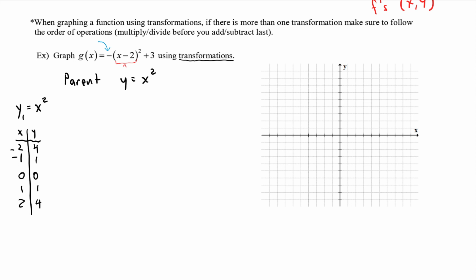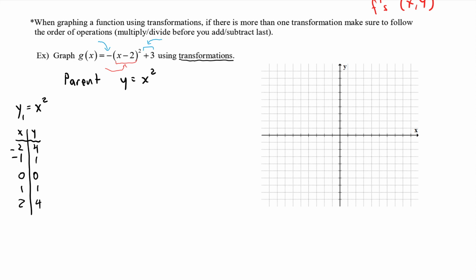And another expression right here where I have an x minus 2 in place of x. So that's another transformation. And then I also have this +3, which is a third transformation. So there are 3 transformations here. I'm going to multiply something by -1, I've got an x minus 2 that's replaced x, and I have this +3 tacked onto the end.